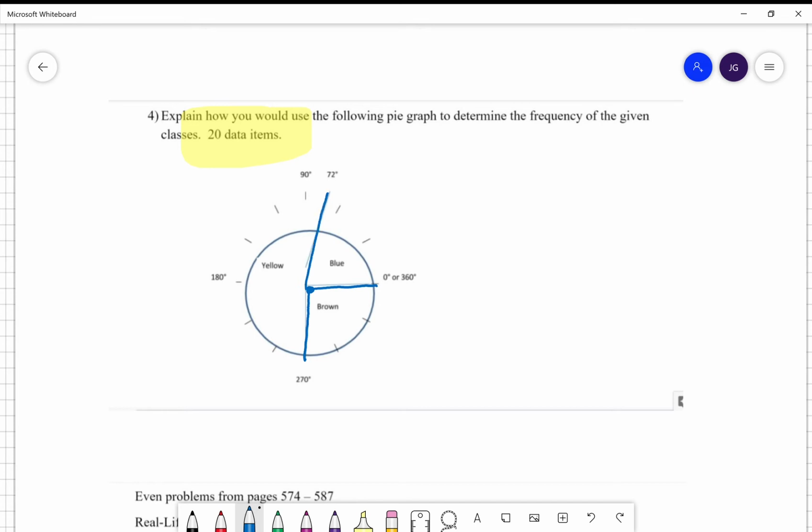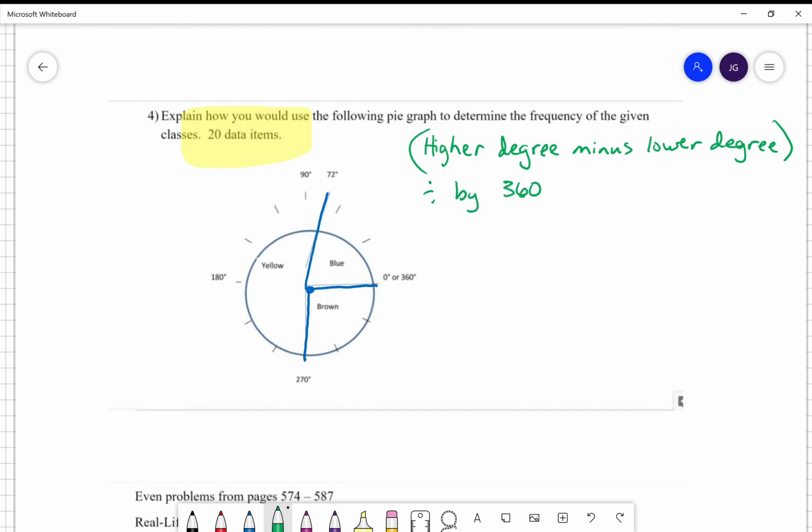All right, so you take the higher degree, not frequency, minus lower degree, divide by 360 and multiply by total data.